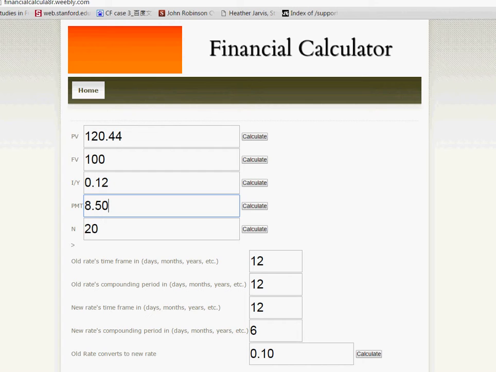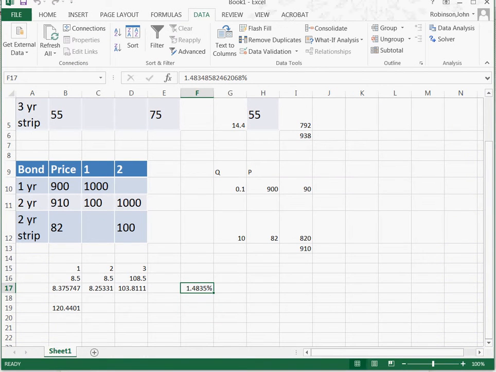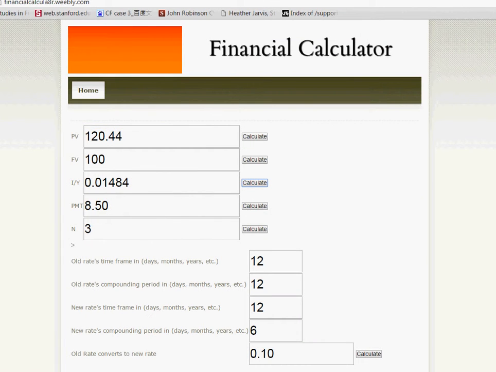We calculate and see 1.484, right? It just rounds one more digit than Excel did. Okay, so we can use the financial calculator to find yield to maturity as well. You just need to give it the price, the lump sum at the end of the life of the bond, the payments along the way, and then the number of payments we're receiving.